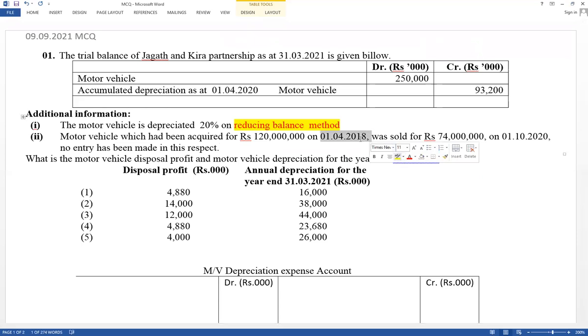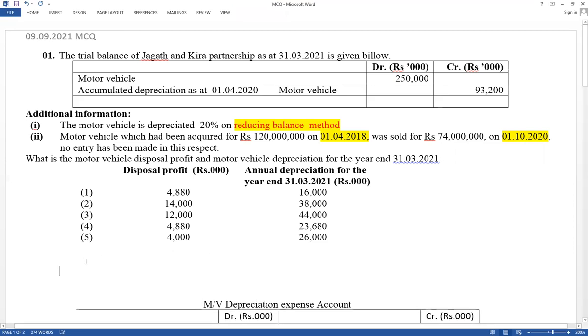Purchase date 1st April 2018, disposal date 1st October 2020. From purchase date to disposal date, the asset was used for 2 years and 6 months. So we need depreciation for two and a half years. Method: reducing balance method. Look carefully now. This is the way you have to calculate depreciation.